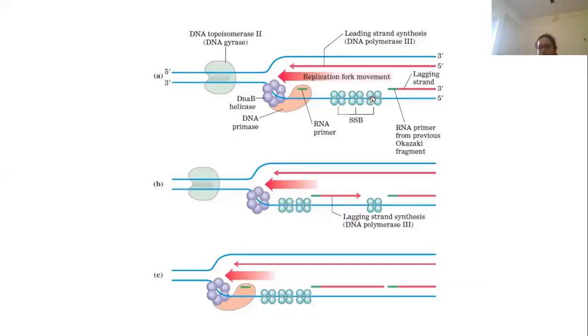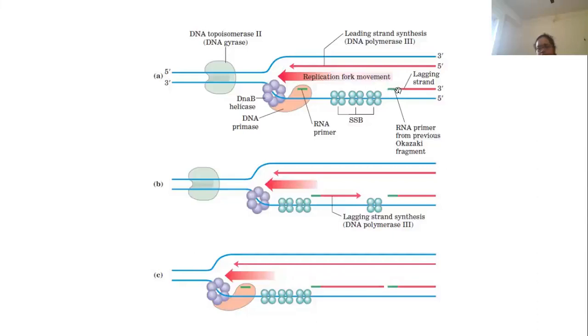Next, you can see the attachment of the DNA primase enzyme, which will lead to the synthesis of the RNA primer. Another thing you can see is the SSB protein, which is required for maintaining the unwound state and preventing the rewinding of the separated DNA strands.